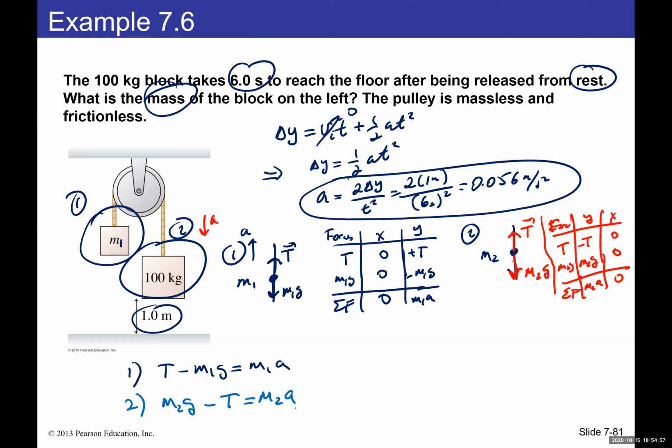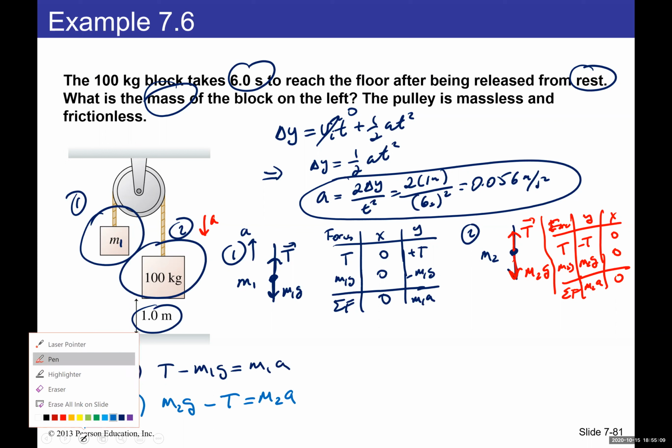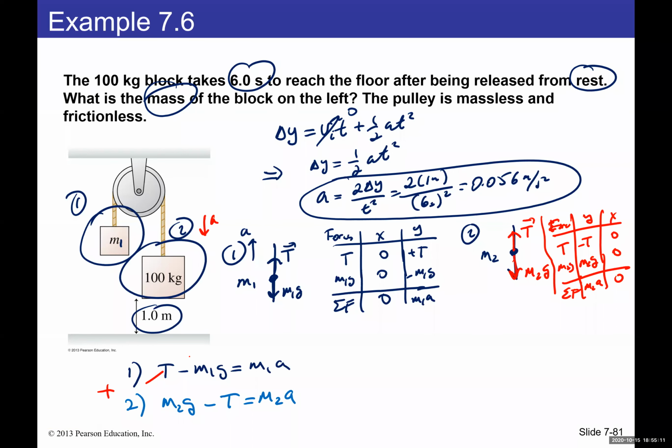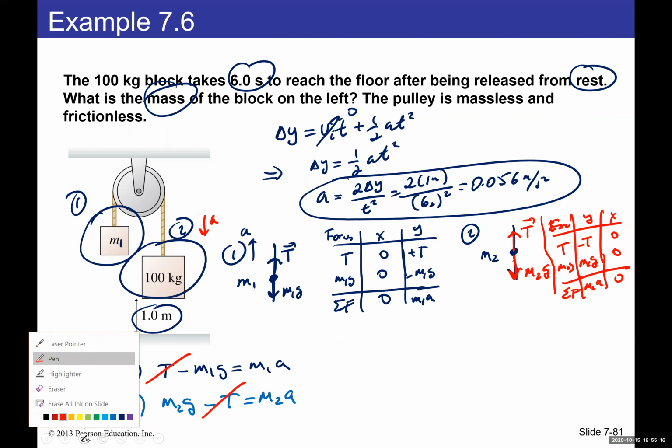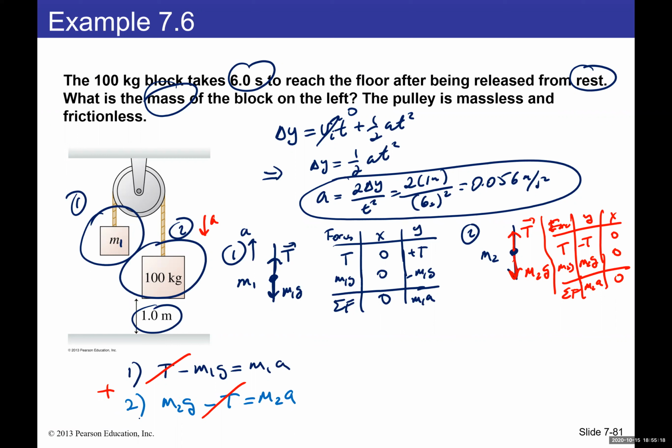So what do we do here? Well, I have 2 equations and 2 unknowns. I don't know what the tension is, but I have the acceleration, and I don't know what the mass of 2 is. By combining those 2 equations, I can get rid of one of the unknowns, the tension. I end up with M2G minus M1G equals M1A plus M2A.